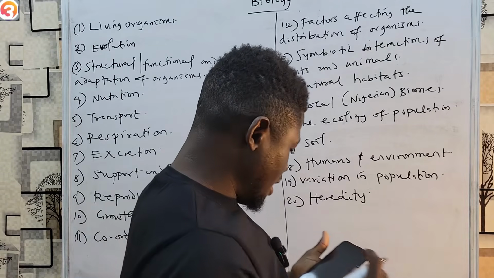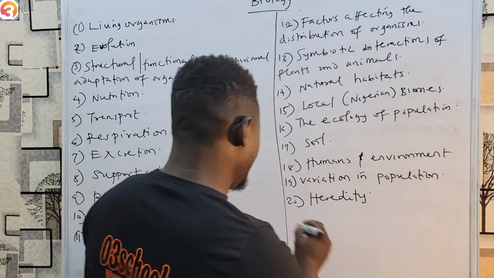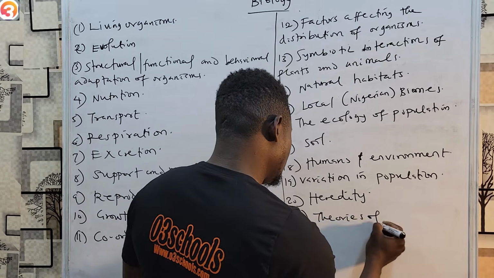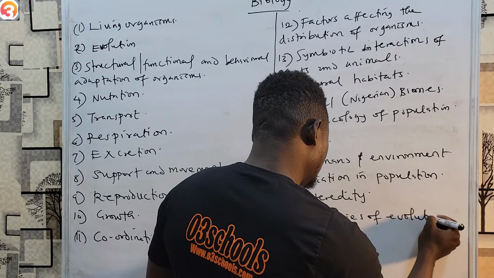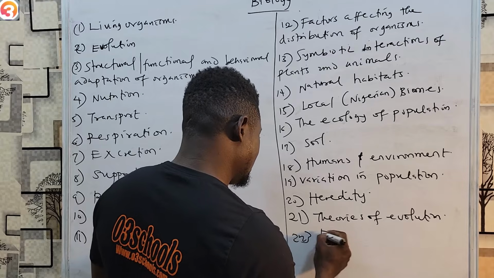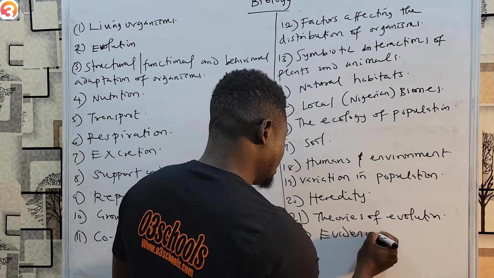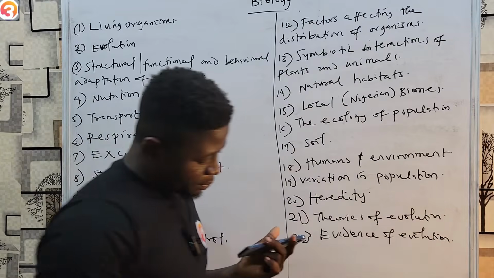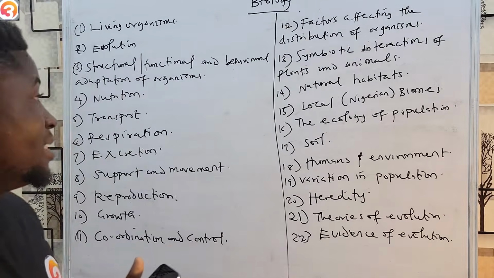Then of course the 21st topic is theories of evolution, while the 22nd topic is evidence of evolution. So you can see the topics are very, very few, just 22 topics in all.